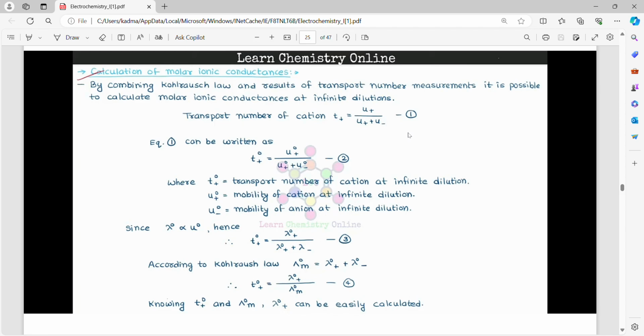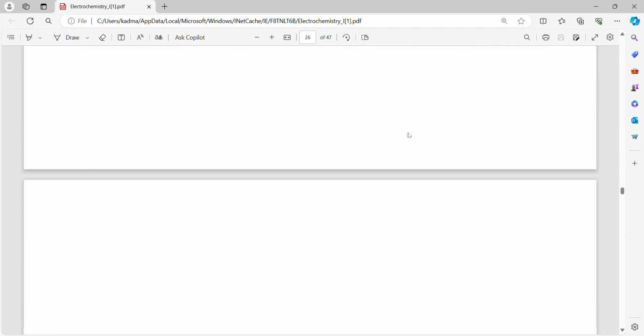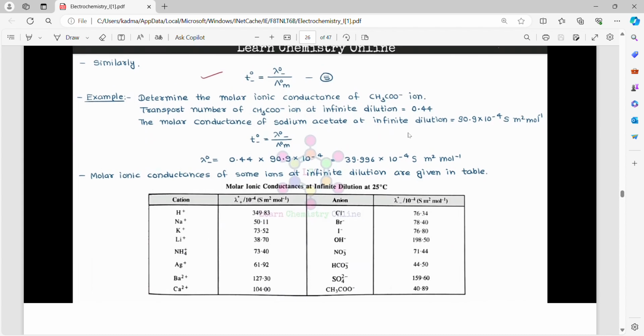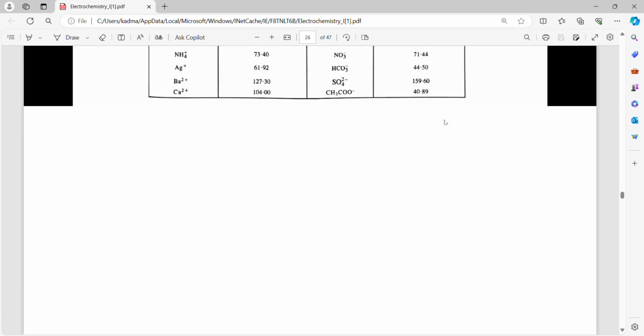Equation 1 can be written as t₀+ = u₀+/(u₀+ + u₀−). Since λ₀ is directly proportional to u₀, hence t₀+ = λ₀+/(λ₀+ + λ₀−). And this can be further solved. Example: determine the molar ionic conductance of CH3COO−. We can solve by this method. This is the solution.